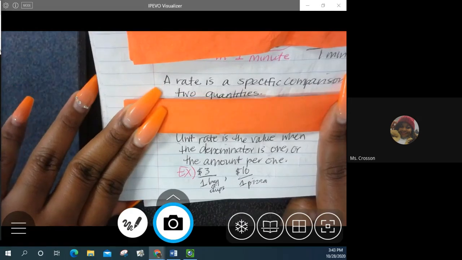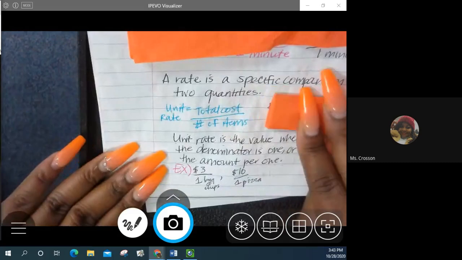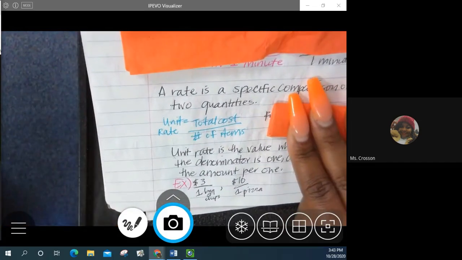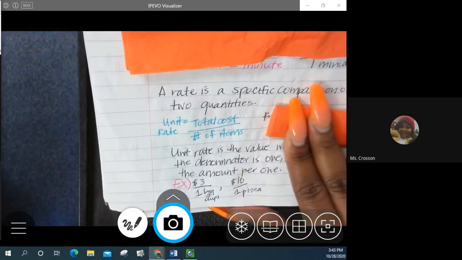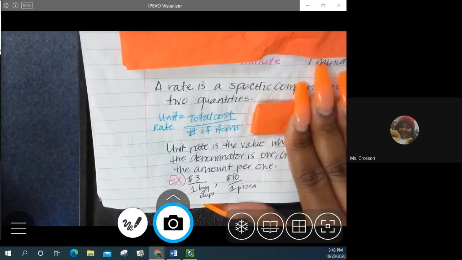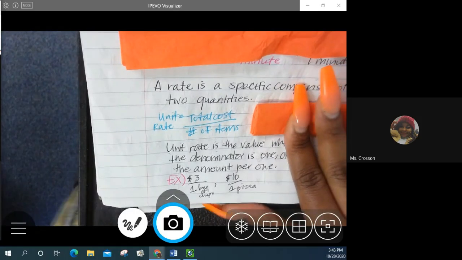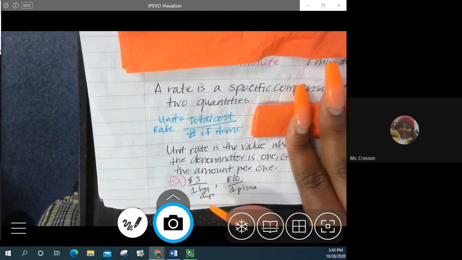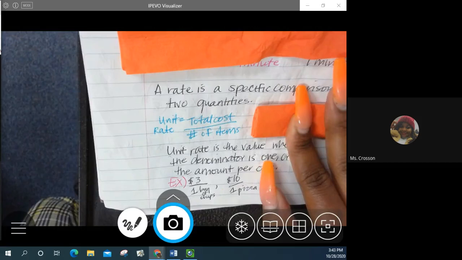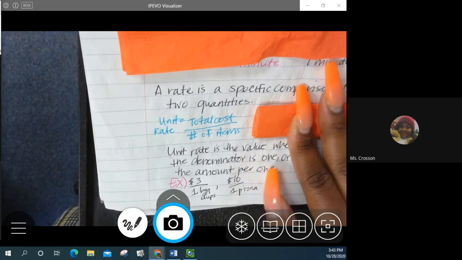How we find unit rate is here in blue. Unit rate equals your total cost divided by your number of items. So if my total cost was $20, I went to the store and I bought 2 pizzas, my unit rate is total cost 20 divided by the number of items, which is 2, and that gives me $10 per one pizza.